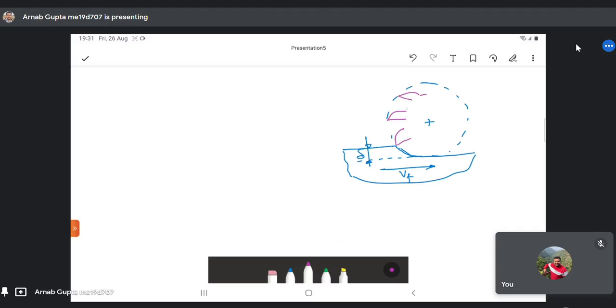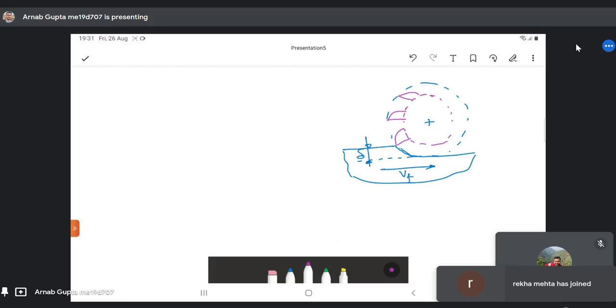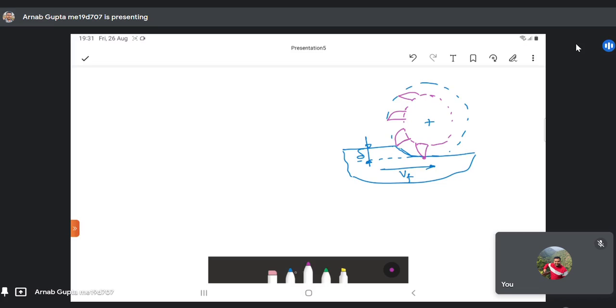There will be other teeth around the periphery of the cutter. By the time this tooth reaches this bottom position, it would have removed this much material. So here you can see that the chip thickness is varying from a maximum value to 0 in case of down milling.